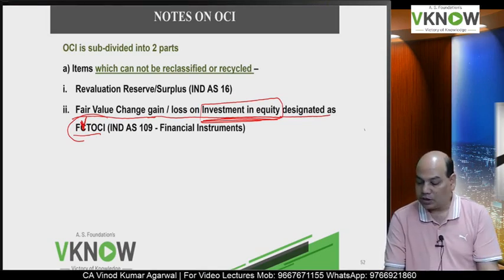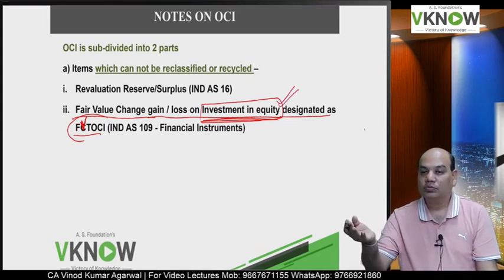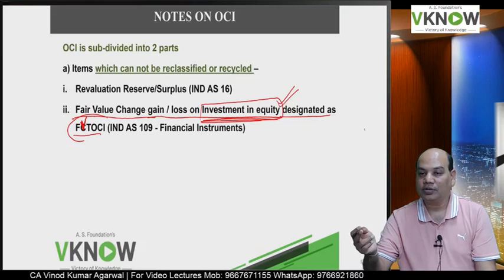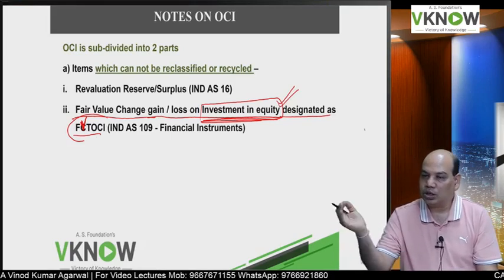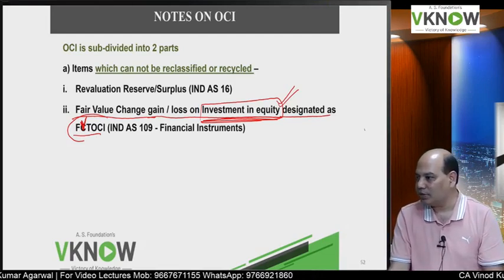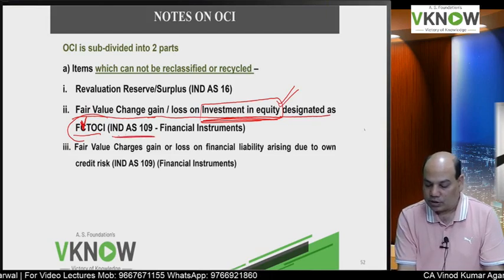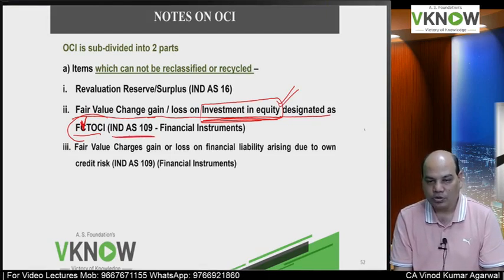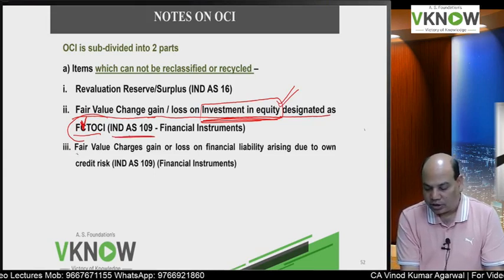And even if that equity investment is later on sold, you are not going to transfer the balance to P&L account, you will transfer it to other component of equity, means other reserve item, but not to P&L account. More about this instrument we will discuss in Ind AS 109. Then some more discussion, but not in detail right now.